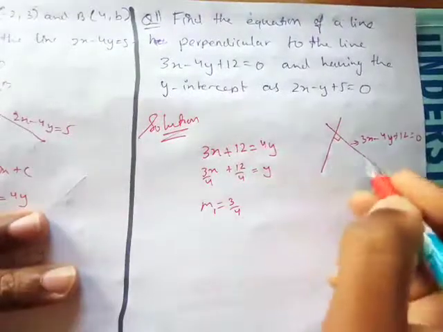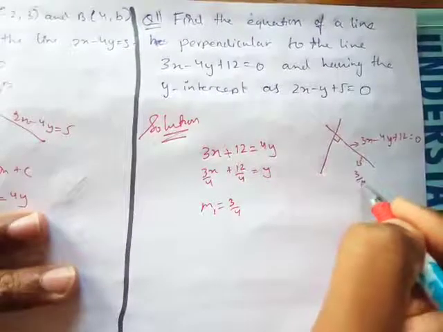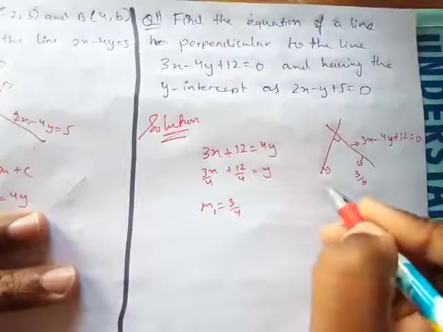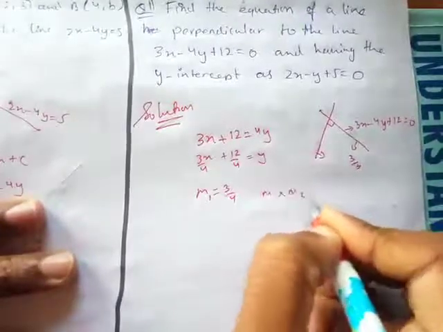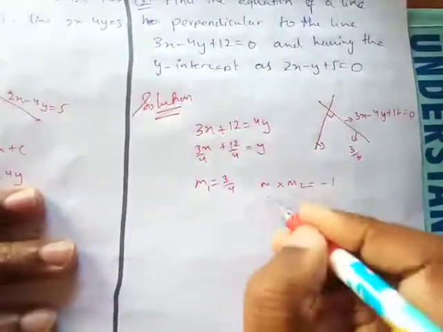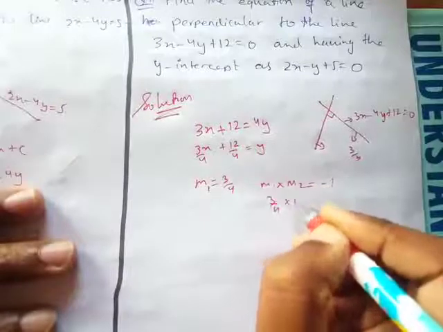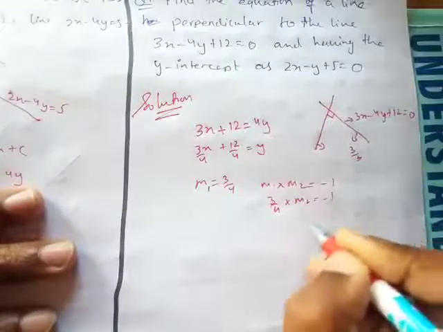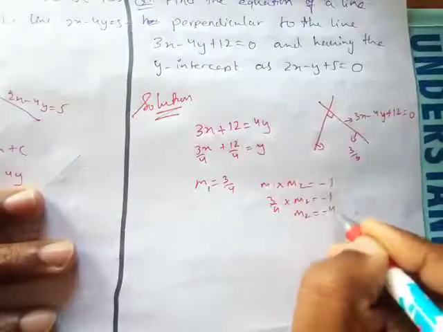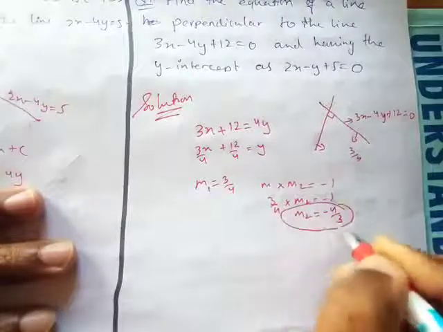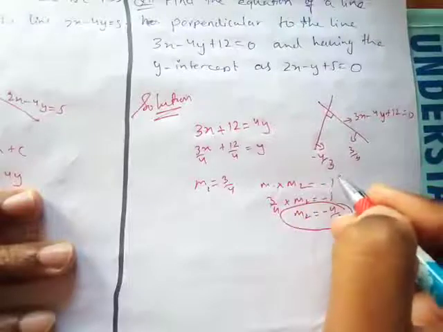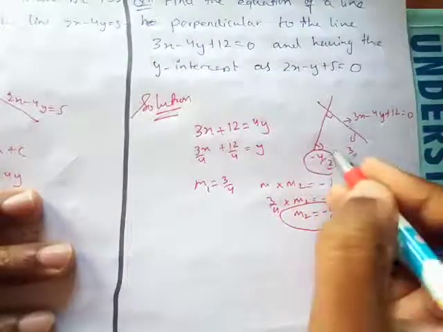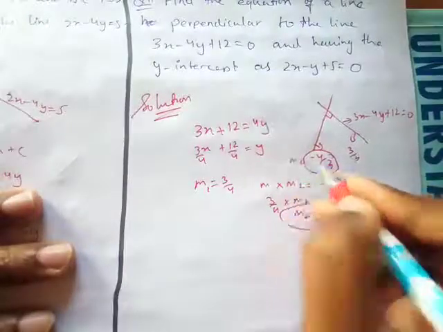But I have to find m for the other line. Okay, so I'll use m1 into m2 equals minus 1. So 3 upon 4 into m2 equals minus 1. m2 is going to be minus 4 upon 3. You guys agree? Minus 4 upon 3, I got the m of this line.